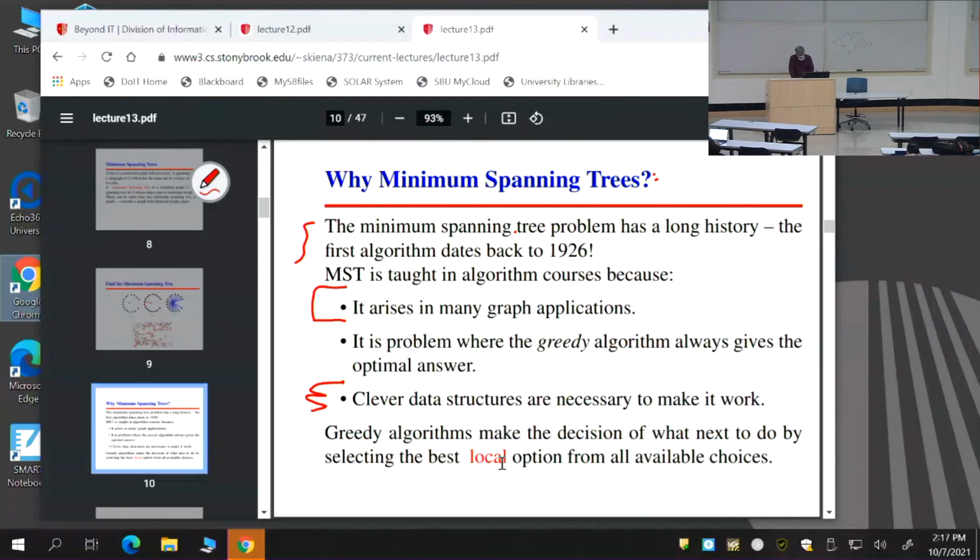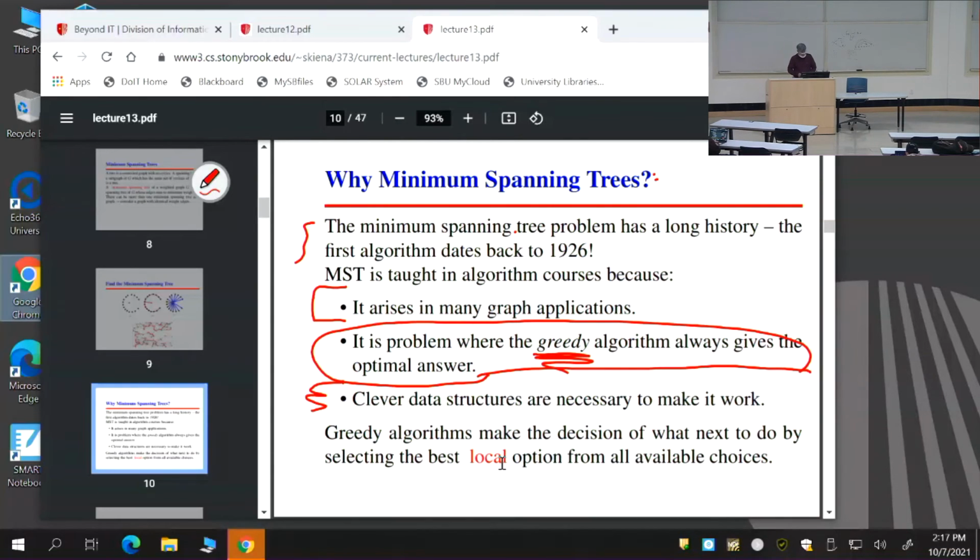But the other thing that makes a minimum spanning tree kind of an amazing problem is that it turns out to be one of the rare problems where the greedy algorithm gives you the right answer. What is the greedy algorithm? Let's say you want to find the globally best thing. When we were thinking about it the very first class, we were talking about this robot tour problem.